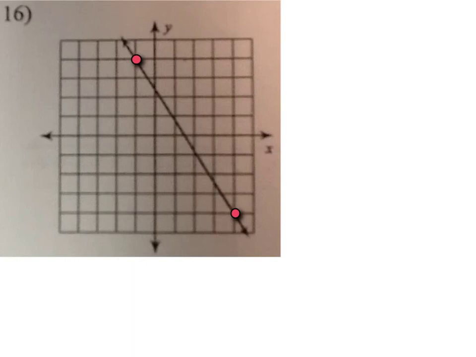I count down 8, and right 5. Since I went down, my slope is -8 over 5.